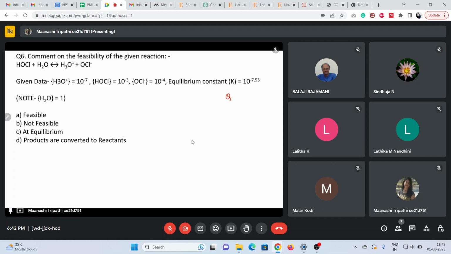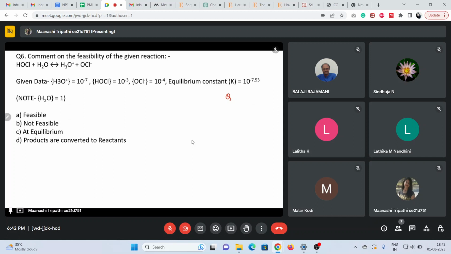I hope you have calculated. This is pretty much simple. We'll see. So we are calculating the reaction quotient Q, which is hydronium ion. These are the products. These are the reactants. So products divided by reactant, and if in case there is any coefficient, we should also include that in form of power.